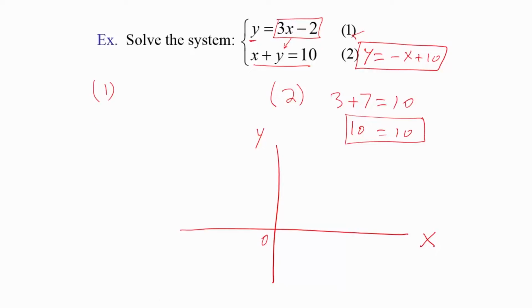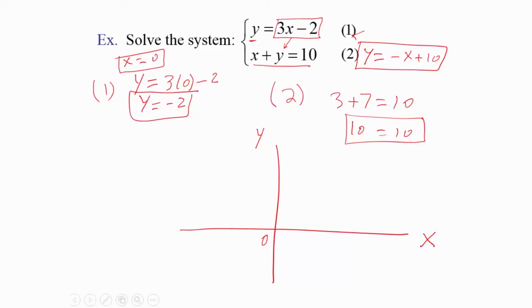So for example, let's say x is 0, so 3 times 0 minus 2. So when x is equal to 0, y would be equal to minus 2.